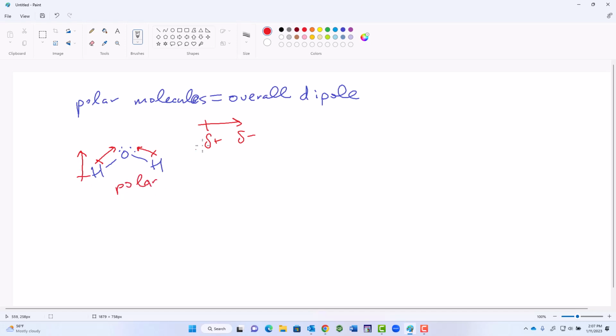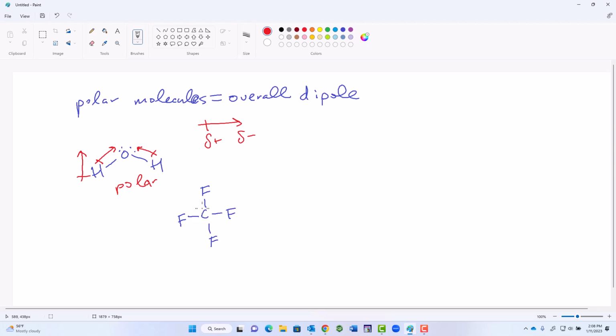Now, there are cases where we can have polar bonds in the molecule, but a nonpolar molecule overall. So, for instance, if we look at the molecule CF4, we see that all of these bonds are polar. It's a CF bond, which is a polar bond.